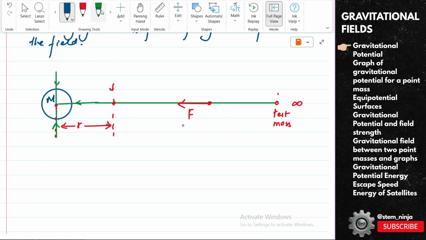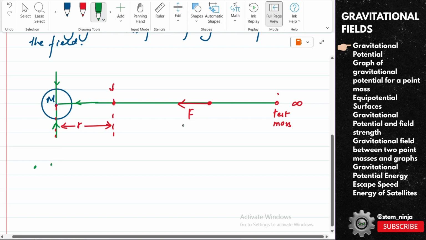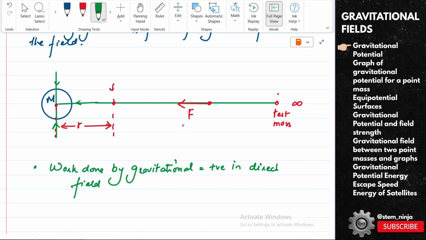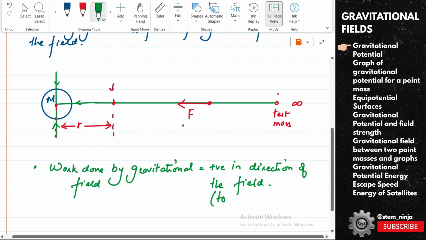Certain key things that we need to remember: work done by the gravitational field is positive in the direction of the field, towards the mass.